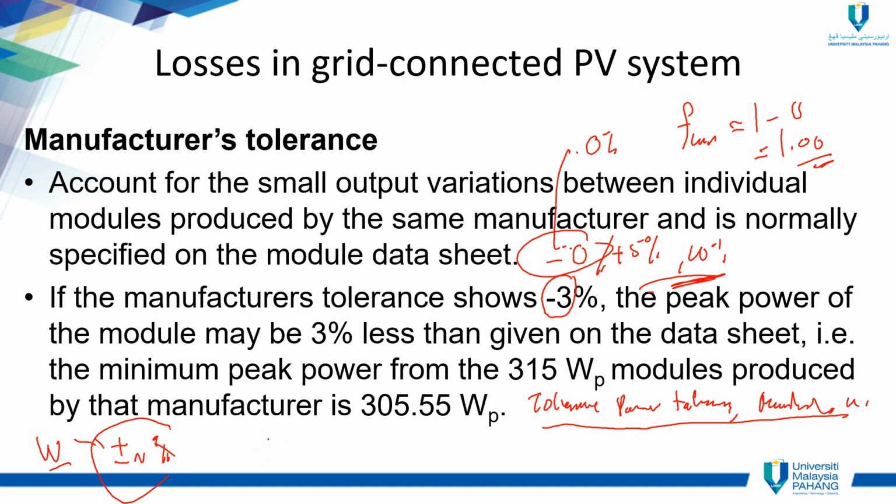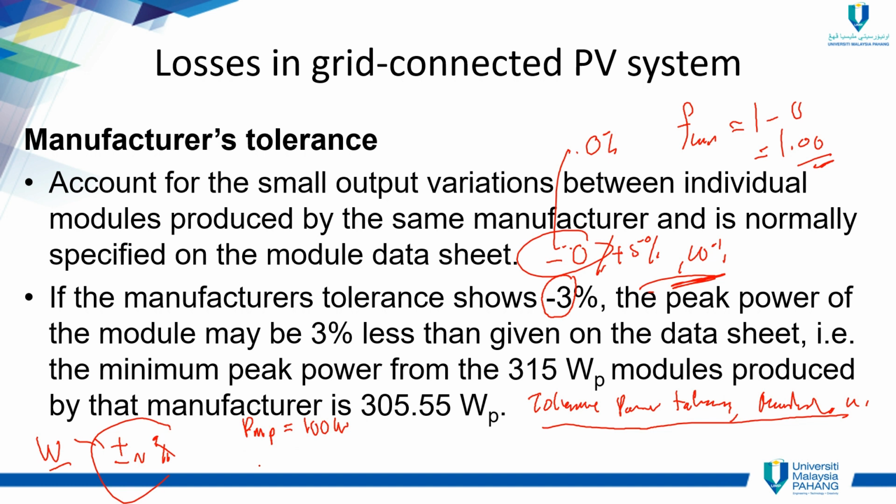Saya tak ada contoh kat sini. We also can estimate the value of tolerance, but with one condition. Usually they're giving you the value of PMPN. Kan? Biasa PMP, for example, 100 watt PMPN.